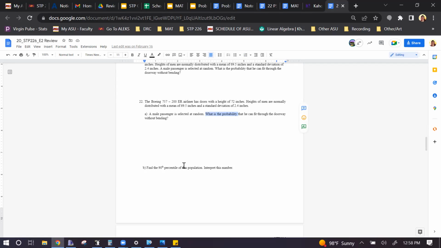And then for part B, it's telling us a percent and it wants us to find a value. That's when we would use inv norm, because I would put in 90% and it would tell me a number. So part A is normal CDF and part B is inv norm.